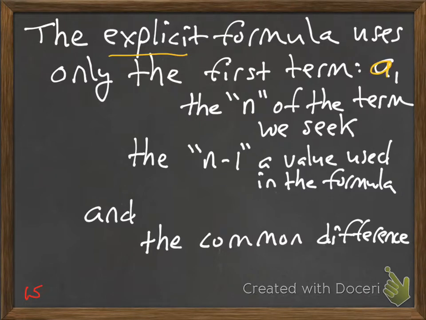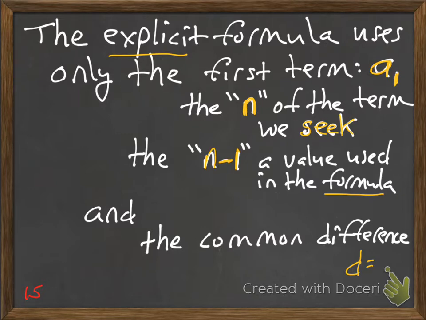Remember, that's the a sub 1. It requires us to know which term we're looking for, or the term that we seek. And then we're going to have to take that number n minus 1 to use in the formula. And then we also need the common difference. We would also need to know what the d is.